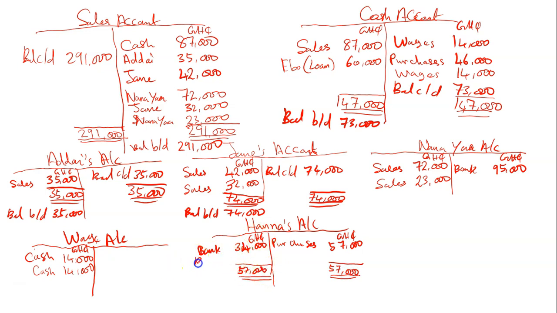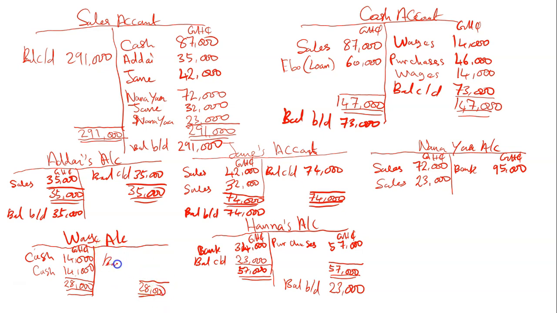Now, the balance will be what? Balance carried down. 57,000 minus 34,000. That will be what? 23,000. So the balance carried down should be 23,000. So balance brought down is 23,000. For wages, okay, for wage we have 28,000 and then 28,000.